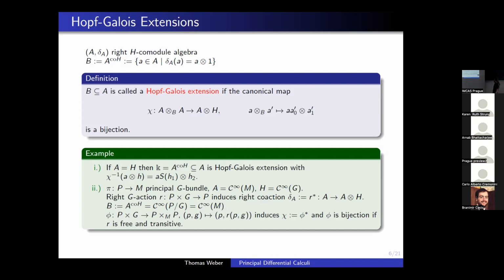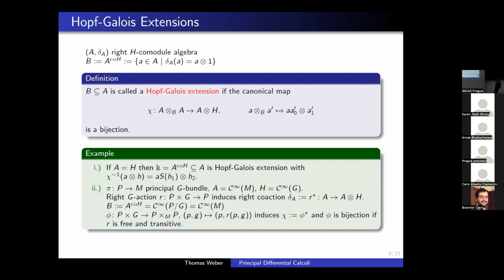The second fundamental example is a principal G-bundle, pi, from P to M, with a G action of a Lie group G. You're looking at the corresponding algebra, which is the functions on the manifold P, and the Hopf algebra is just functions on the Lie group G. And then from this right G action on P, you are getting the corresponding coaction as the pullback map.